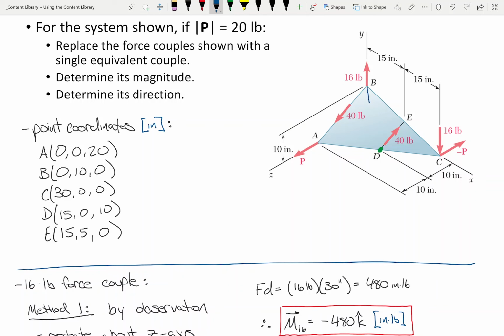So our R vector is going to be dB. And then our force vector is along BA. Okay? Yes? In that case, could you also do R as dA?